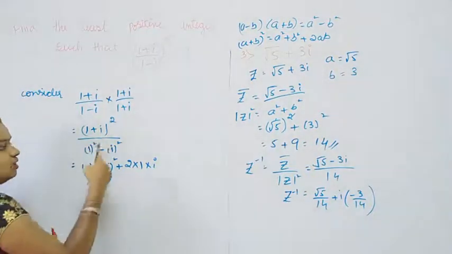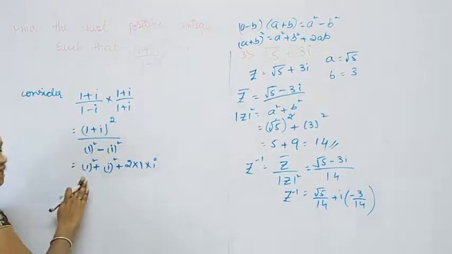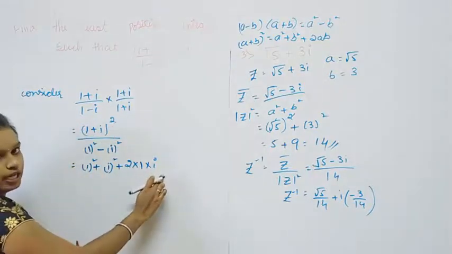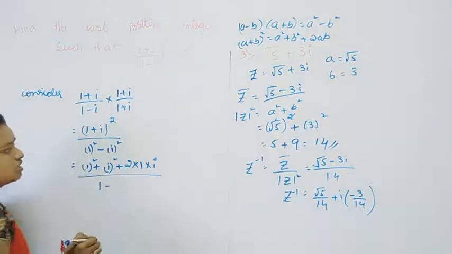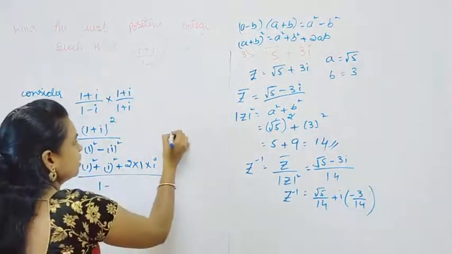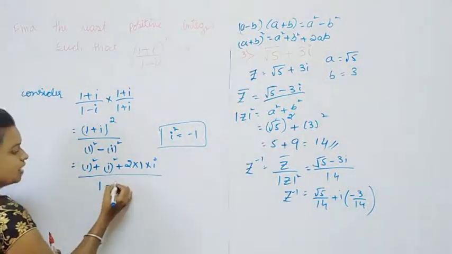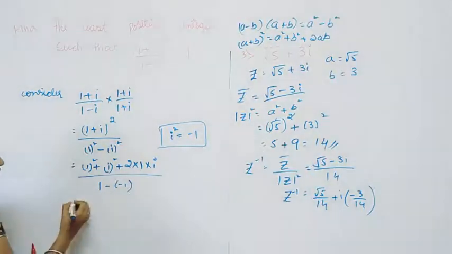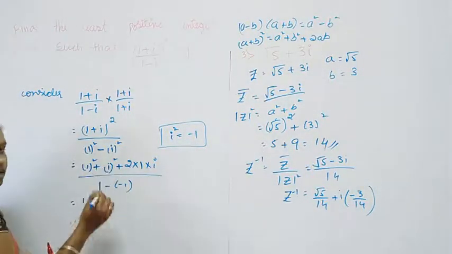So I just replace the formula. This is of the form a plus b the whole square, that is a square plus b square plus 2ab, divided by 1 square is 1 minus i square. What is the value of i square? i square is equal to minus 1. So 1 square means 1, plus i square is minus 1.